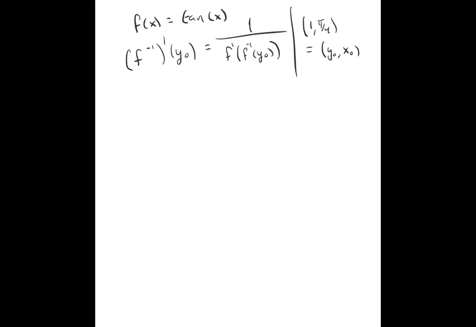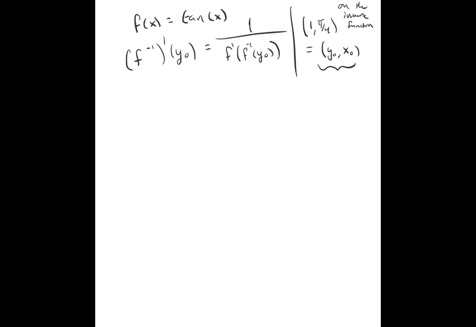So this point is on the inverse function, and that's why we use y naught, x naught. That would be like taking the point x naught, y naught on f of x, and when we reverse the order, that gives us the point on the inverse function.